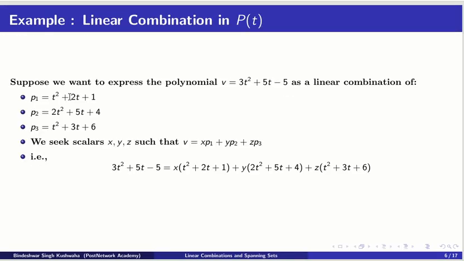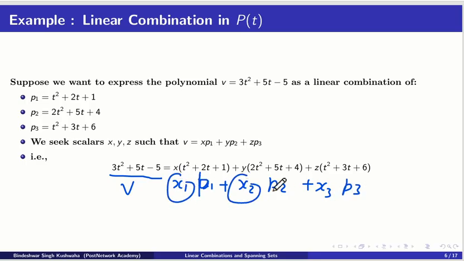First of all, you will write V = x1 p1 + x2 p2 + x3 p3, because these are polynomials. Now we will find x1, x2 and x3.